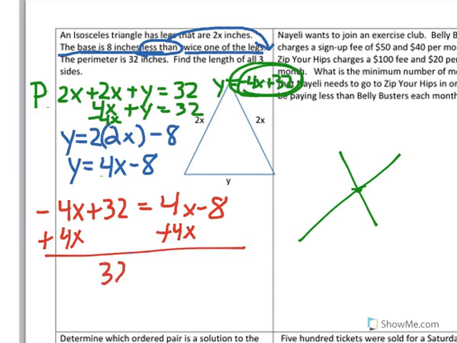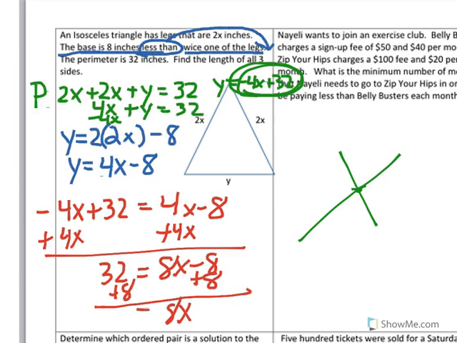So I get 32 equals 8x minus 8. Now I'm going to add 8. And so I get 8x equals 40. Divide by 8. And x equals 5. So x equals 5, which means 2 times 5, the length of this leg is 10.